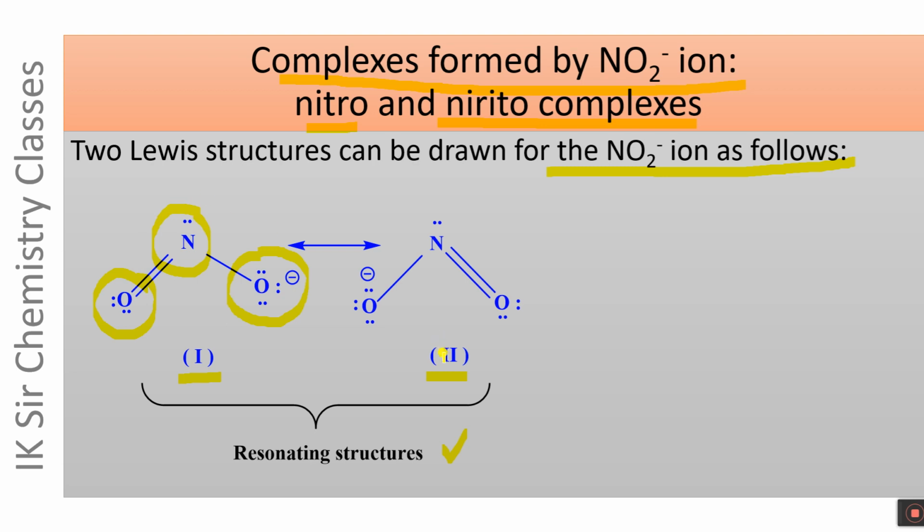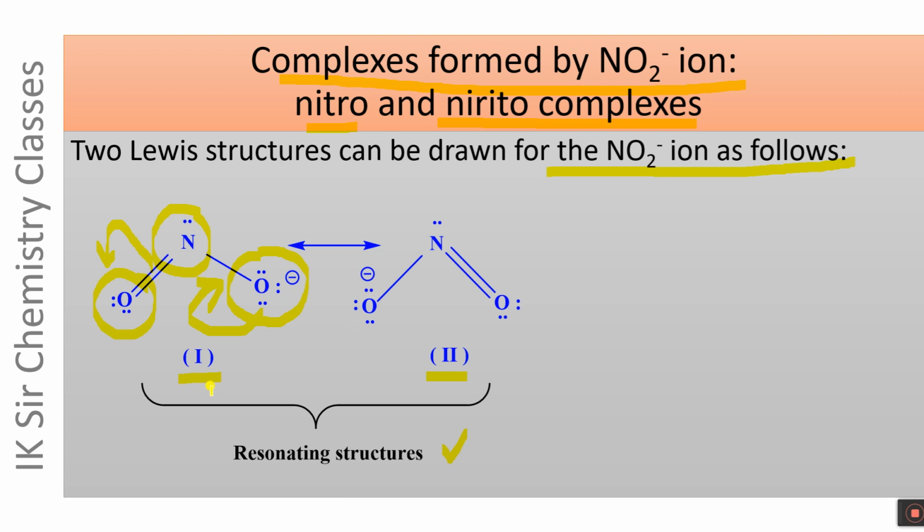The resonating structure 2 is obtained by the movement of electron in this direction. These two resonating structures are equivalent and they contribute equally to the resonance hybrid.